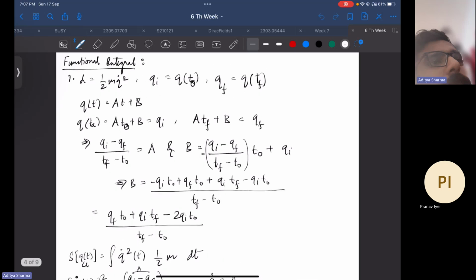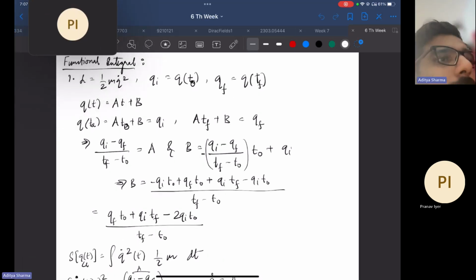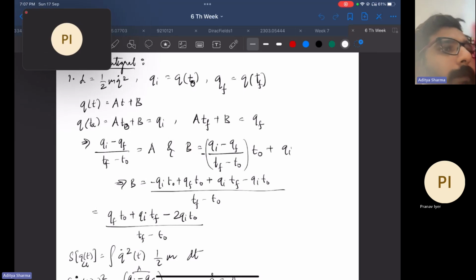So for a free particle, let us go over it. The free particle Lagrangian is like this, and you have been given the boundary conditions: q of t naught is qi, q of t is qf. What is the equation of motion and its solution?